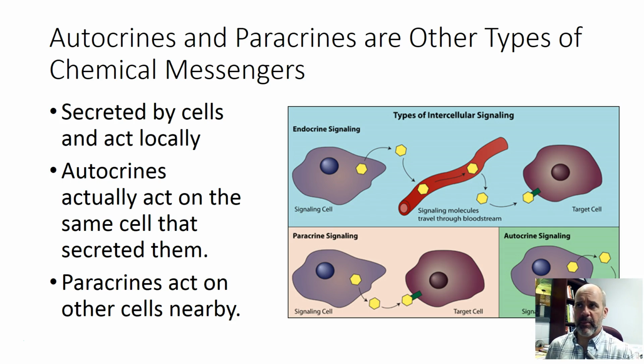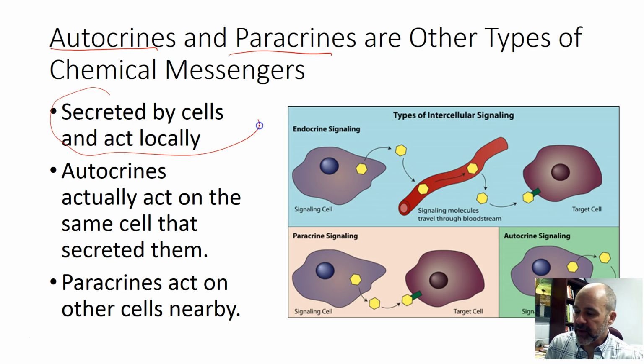I do want to point out a couple of other terms. So in Chapter 16, we will primarily be discussing the endocrine hormones, these chemical messengers that get into the blood and travel throughout the entire body and may impact target cells way, way away from where they're initially made. But there are a couple of other terms that do come up when we're learning about the function of the human body. We have autocrines and paracrines.